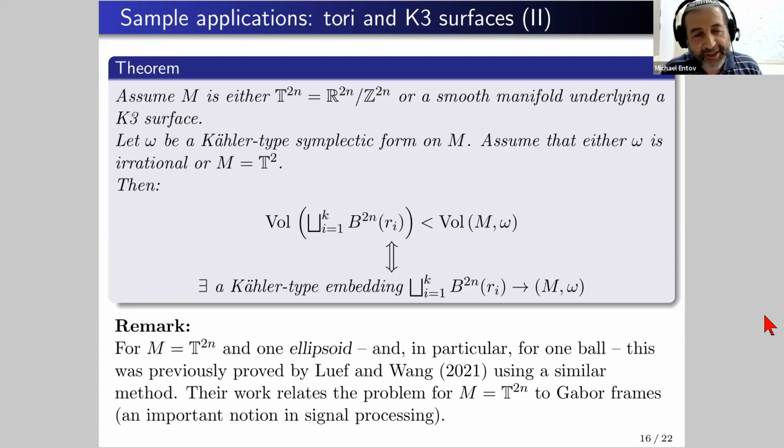It's a very intriguing connection, related to the arithmetic of lattices defining complex tori. That's the remark that I wanted to make. So much for the existence of Kähler-type embeddings in tori and K3 surfaces. Now let me move to the connectedness part.